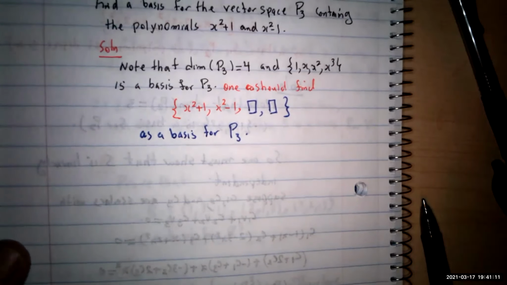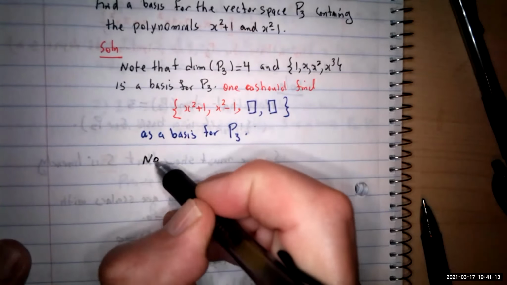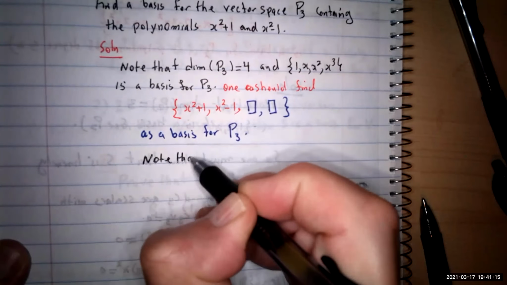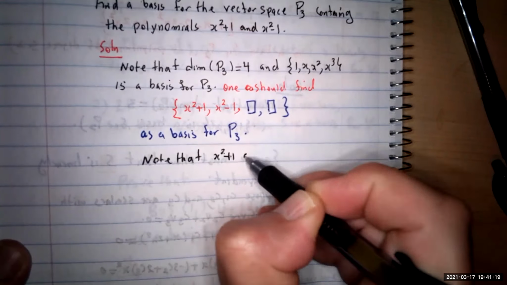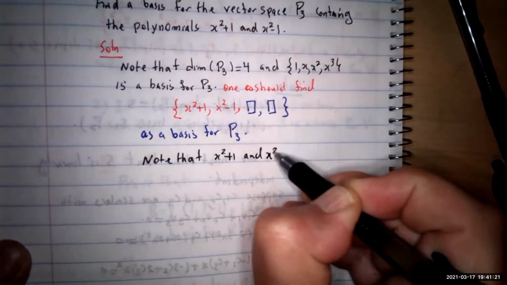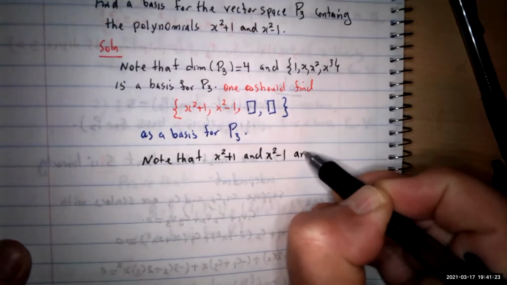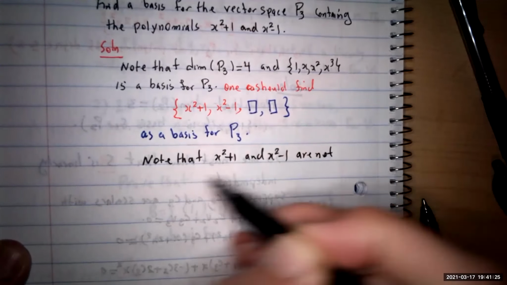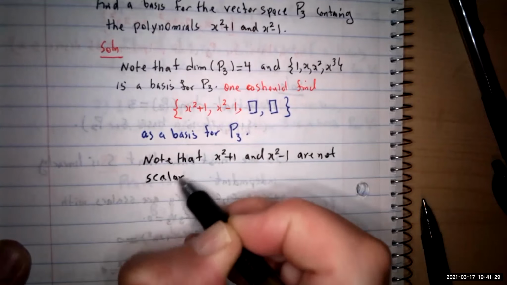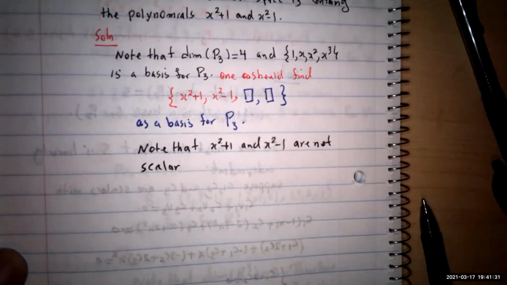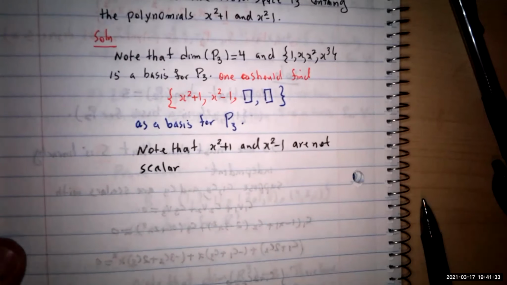Note that x squared plus 1 and x squared minus 1 are not scalar multiples of each other. You know that when you have two vectors, they are linearly dependent if one of them is a scalar multiple of the other one.